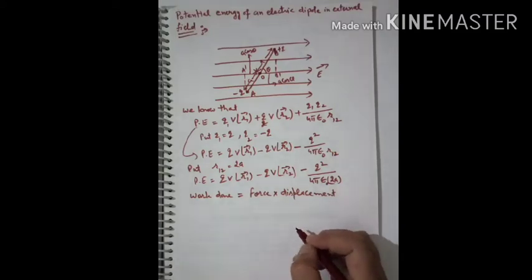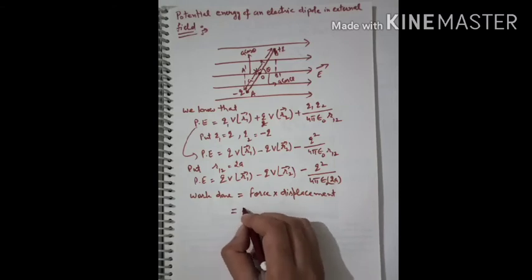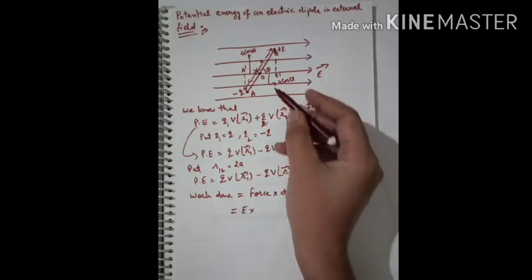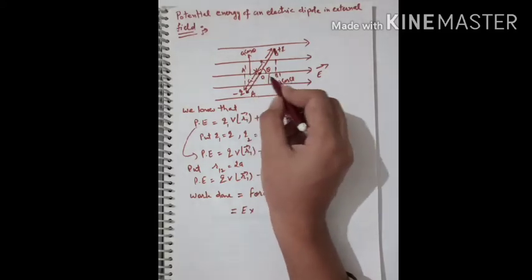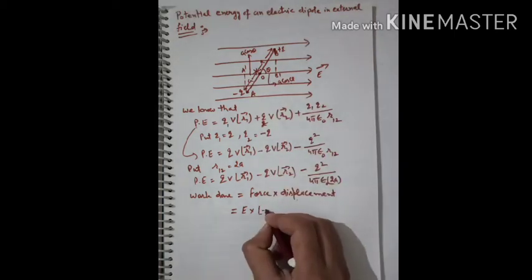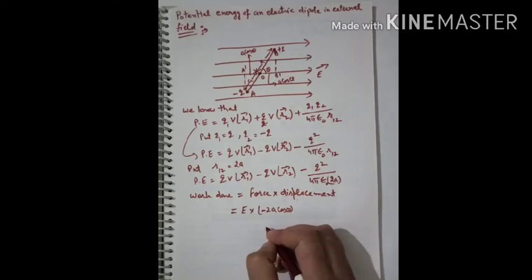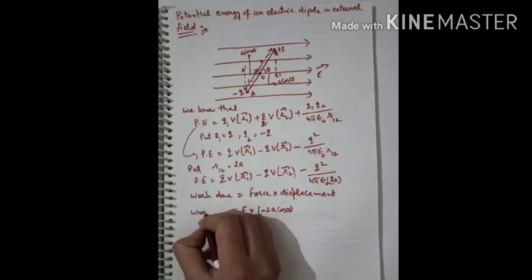Force is F is equal to qE, into displacement. Displacement is from B dash to A dash. So this component is a cos theta, this component is also a cos theta. So the total displacement is minus 2a cos theta. This is the work done.